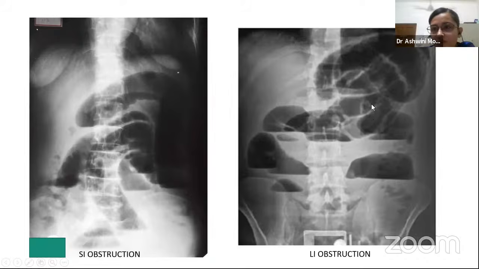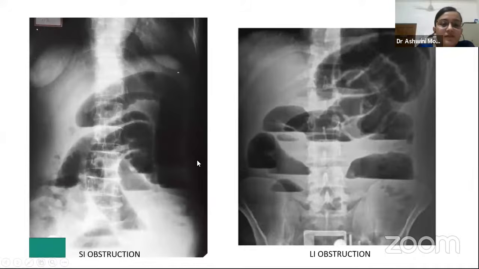Whereas in large bowel, haustrations are not a complete ring. If you can see, there is not a complete ring, but a partial ring here, and the peripheral part is also involved along with the central part. Here it is only central. Here there are peripheral and central multiple air fluid levels.